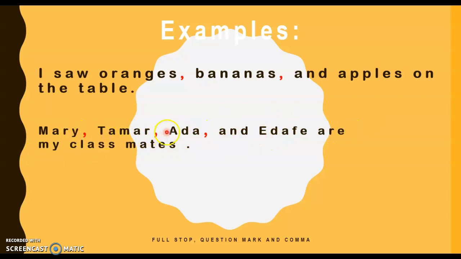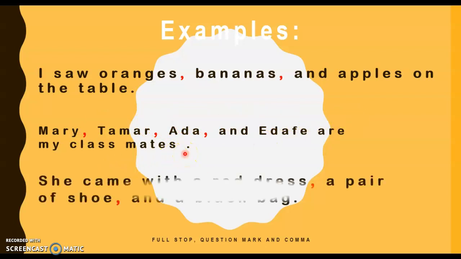If these commas weren't placed, you will read Mary Tama Ada and Idafi are my classmates. But because these commas are placed, it commands the reader to pause. You would not ignore a comma when you see one. So your sentence will read Mary, Tama, Ada, and Idafi are my classmates.